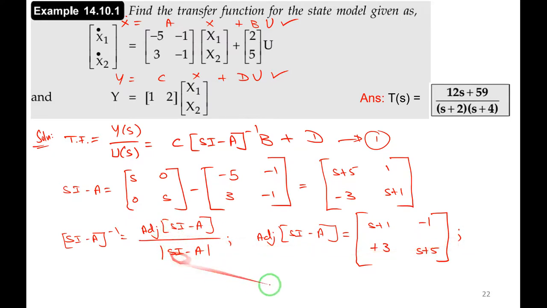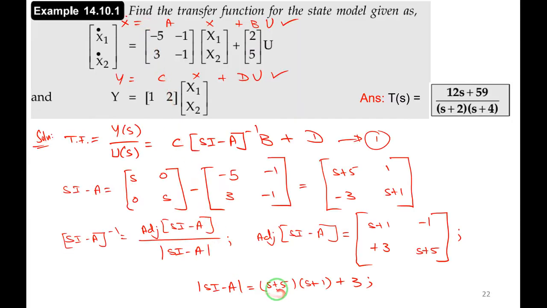Next, the determinant of SI minus A. So find out the determinant. This is SI minus A: S plus 5 into S plus 1, minus of 1 into minus 3. Minus into minus will become plus, so it is 3. Is it fine? So let me expand it.